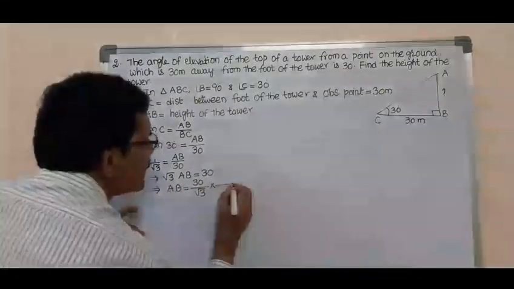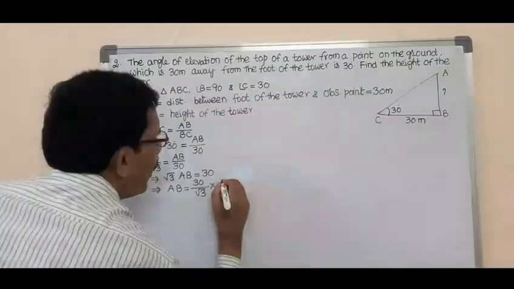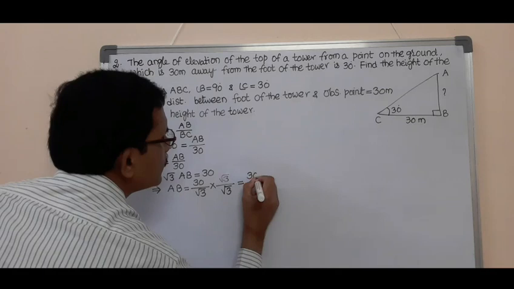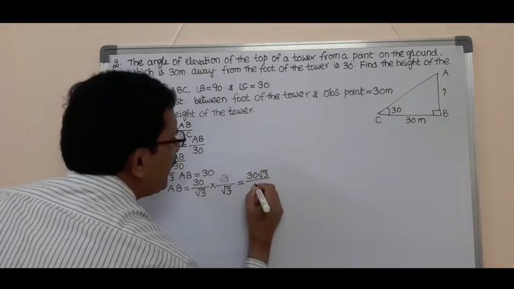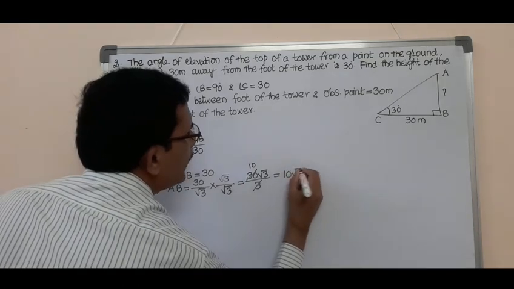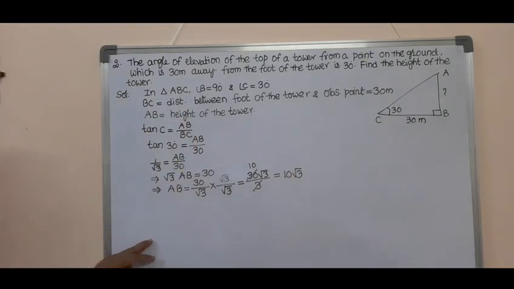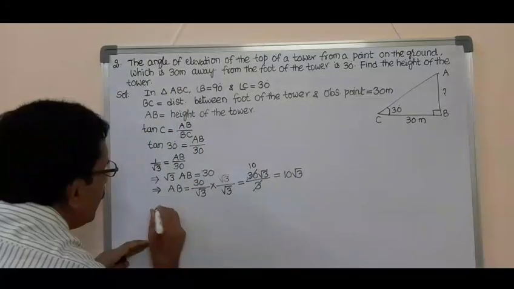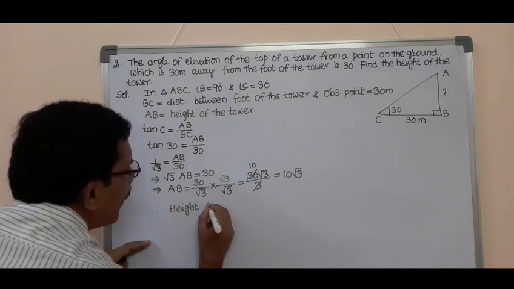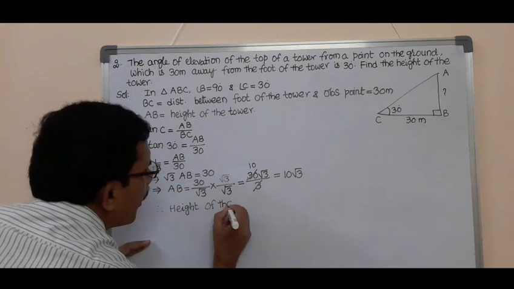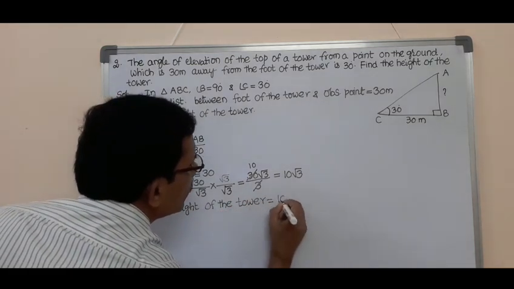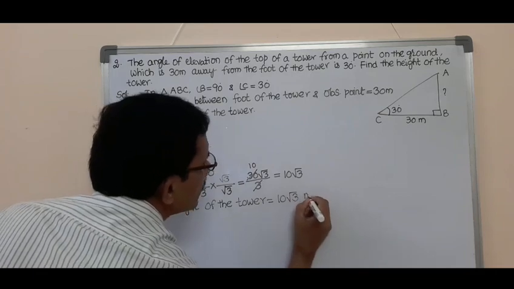If we do rationalization, we will get 30 root 3 by 3. 3 ones, 3 tens, that is equal to 10 root 3. So here AB is the height of the tower. Therefore, height of the tower is equal to 10 root 3 meters.